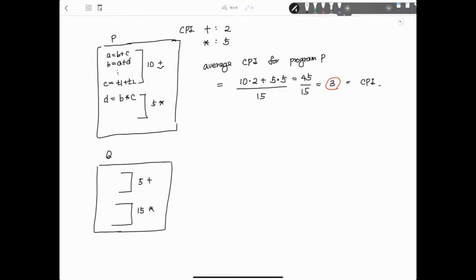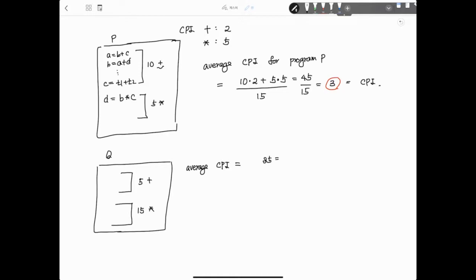Then what about the average CPI? What about the total cycles? 85, right?